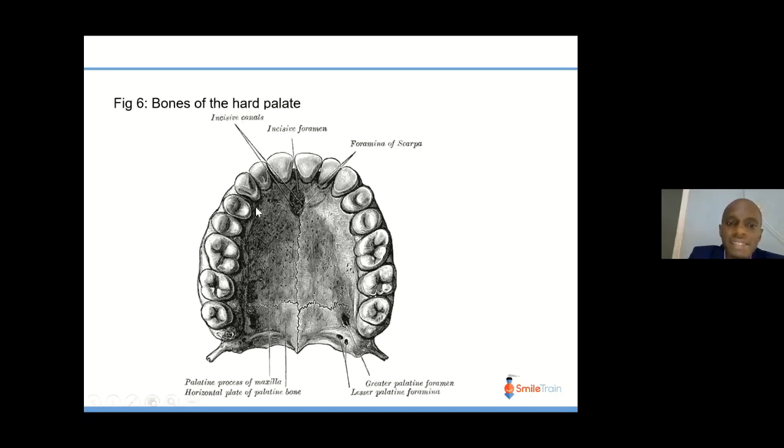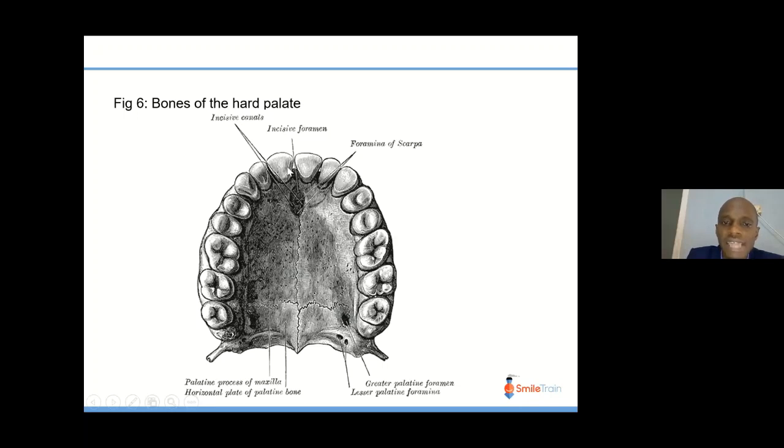And this is a diagram of the hard palate. It has two parts: the maxillary part and the palatine part. And you can see from here, the holes. This front part is called the premaxilla, which serves for attachment of the incisor teeth.